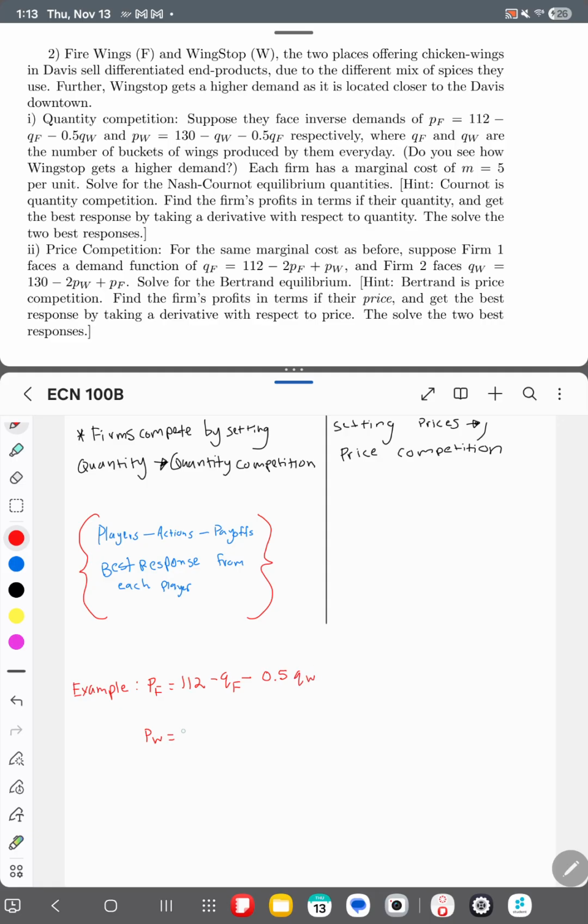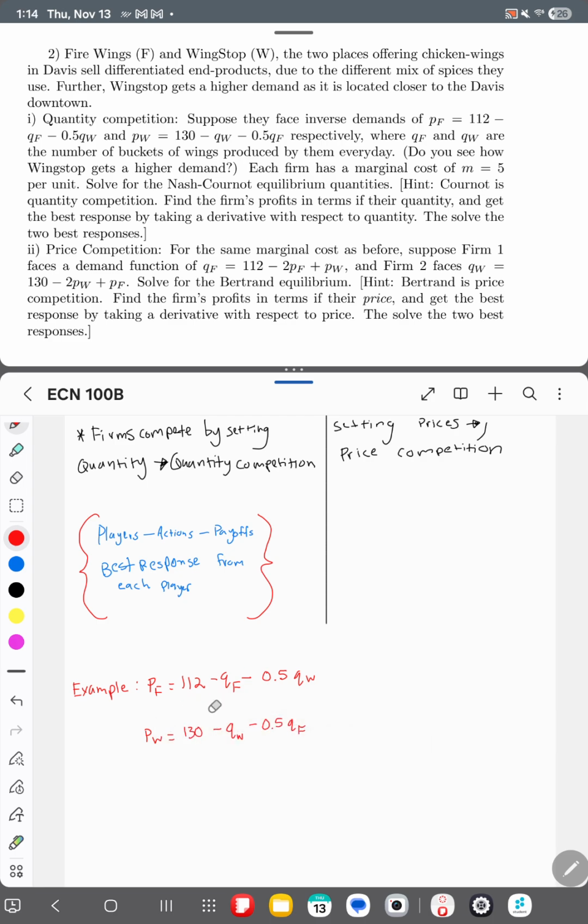Okay? What is different than before in monopoly was that in monopoly, your demand curve was the price you face is a constant minus the quantity you produce without this term. Because you're a monopoly, your price only depends on how much you produce. But now, there's another guy in the market. So the price you can charge depends on not just what you produce, but also what the other guy produces.